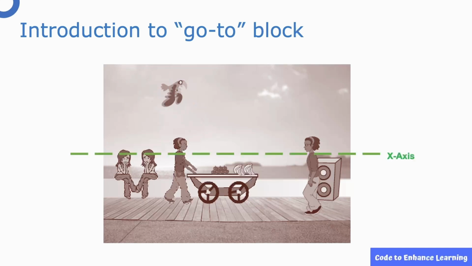The horizontal line which divides the Scratch stage into two halves, top and bottom, is called the x-axis. Similarly, the vertical line which divides the stage into left and right is the y-axis. The center point where both these lines meet has a value of 0 for both x and y. On the x-axis, the last visible value of the right side of the stage is 240.